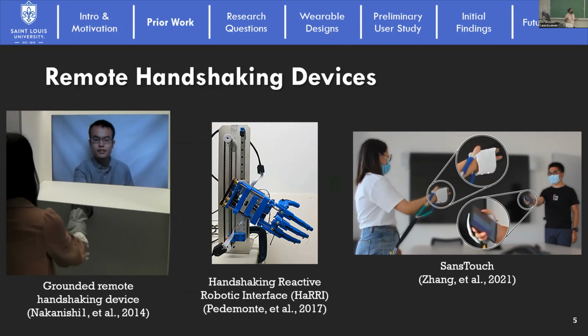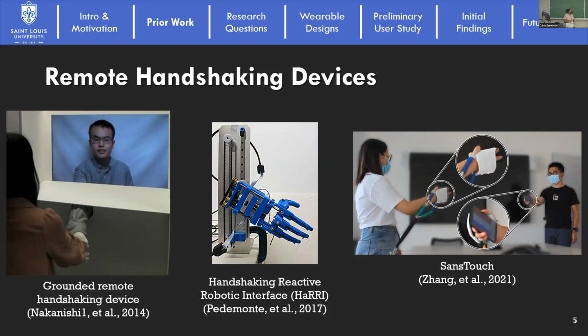And there's been previous work done on exploring remote handshaking through telerobotics. And this has been done through mostly grounded kinesthetic devices, but they're a little bit cumbersome for telerobotic manipulation because you're already trying to have cognitive effort and use a lot of space trying to control it. So having a grounded device usually doesn't work out well for the process.